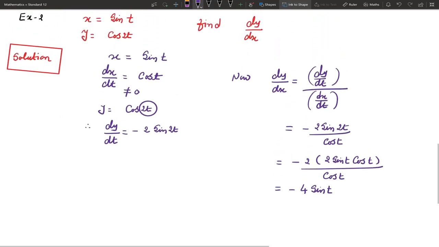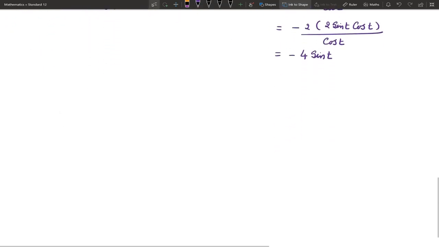Next one. x equal to 4t, y equal to 4 upon t.